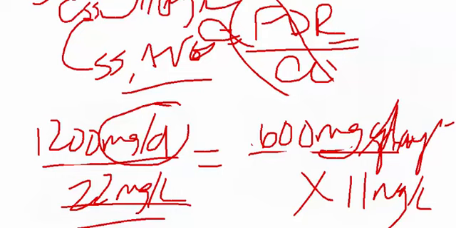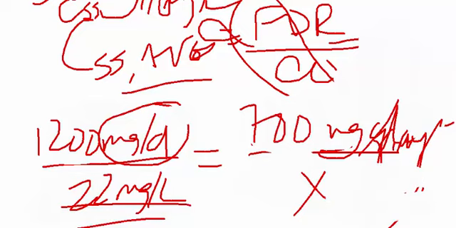If we give 350 milligrams Q12, then this changes to 700 milligrams a day, right? So 700 times 22 divided by 1200. So the X is 12.8. So that same thing we got before, about 13 milligrams per liter.